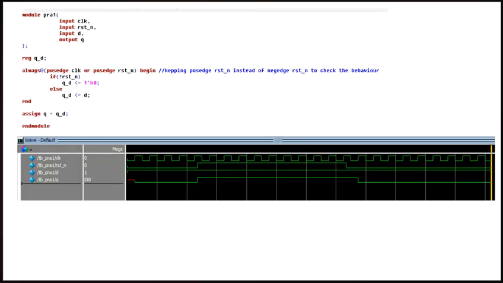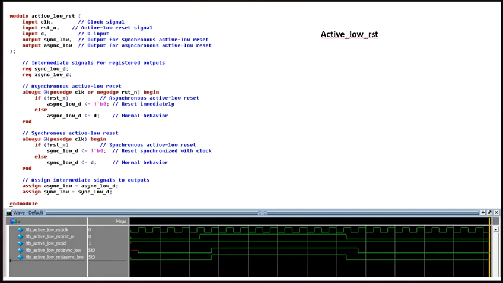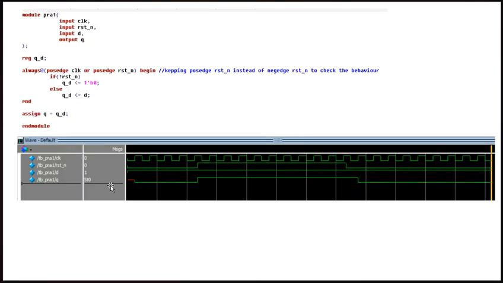Suppose in this code we give posedge instead of negedge in the sensitivity list, what will happen? Why can't we give posedge instead of negedge?